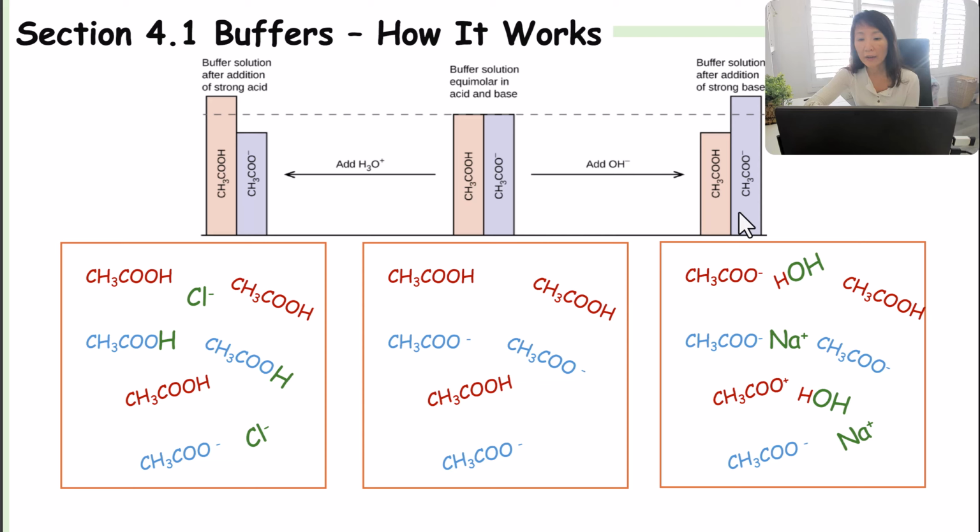That will drive the acetate to increase and the acetic acid to diminish because it's going to take the hydrogen from here. So that's how a buffer works, and it prevents the pH from registering any hydroxide or hydronium ion present because they have already interacted with the weak acid and the weak base, and so the pH does not change.